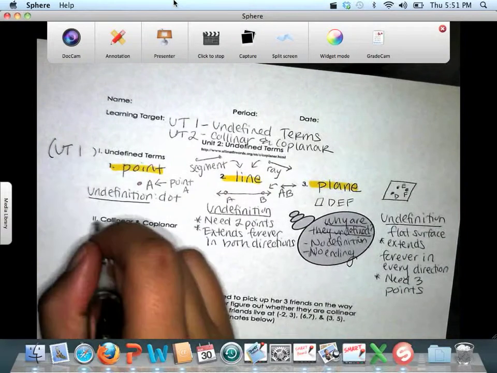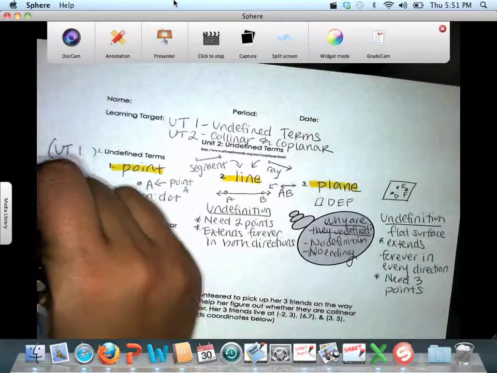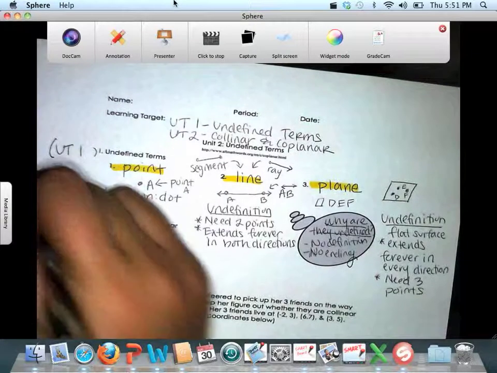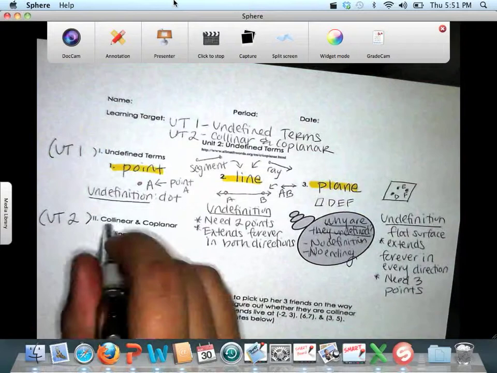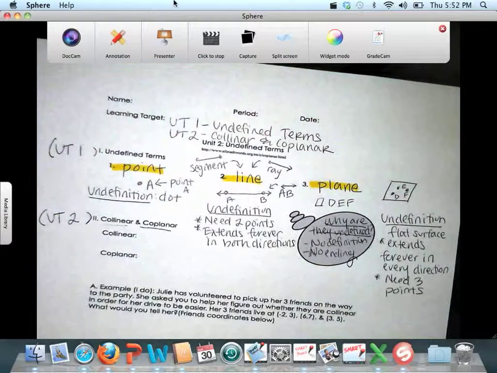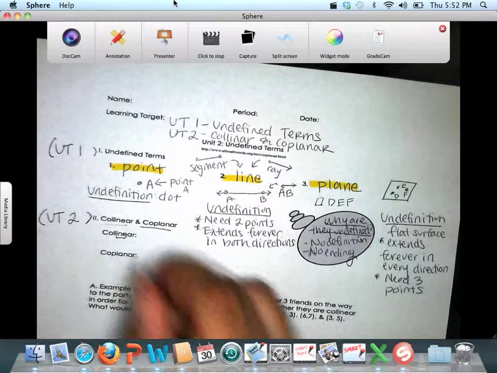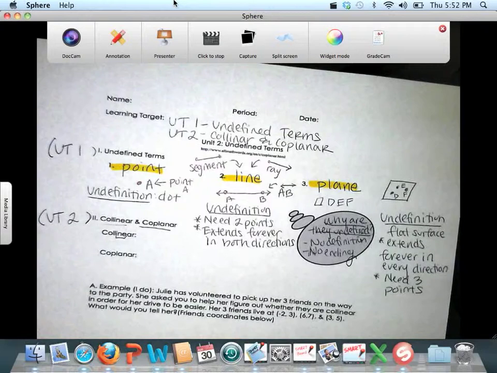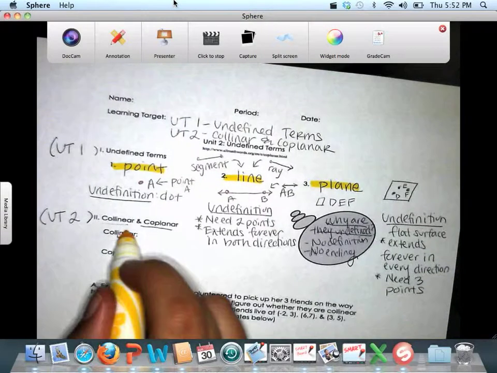Alright, now let's talk about UT2. Okay, so UT2 is all about collinear and coplanar. Okay? Now, collinear has the word line in it. In fact, I think I'm going to use my yellow just to point it out.